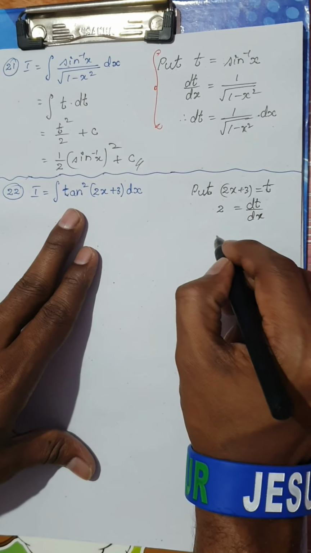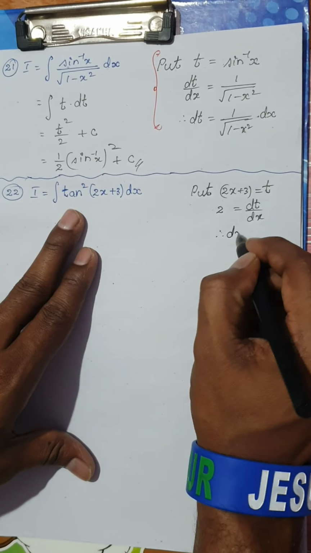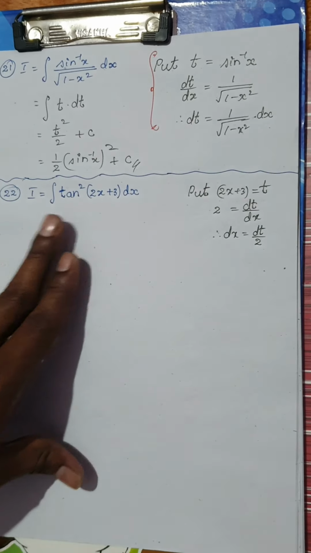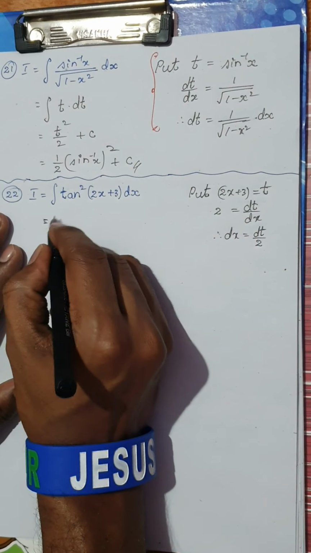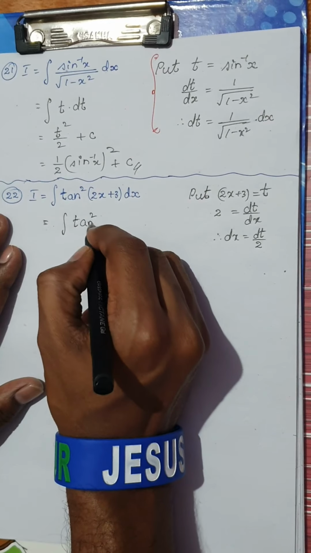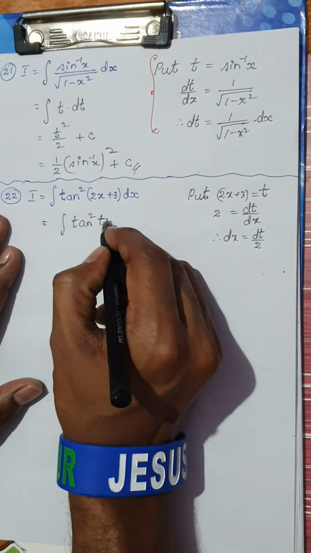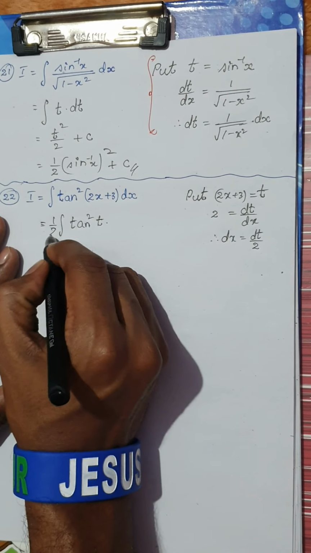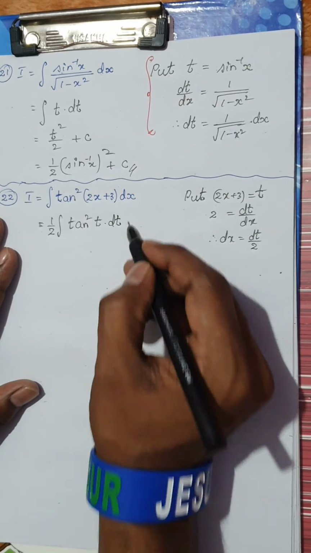If you cross multiply, therefore dx would be dt divided by 2. See what happens. This is nothing but the integral of tan square, and 2x plus 3 becomes tan square t. Now dx would be dt by 2, so I'll keep the 1/2 outside, just dt.